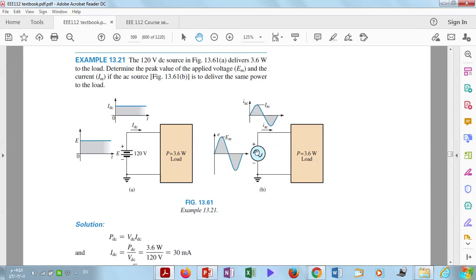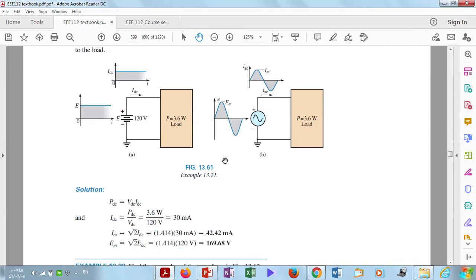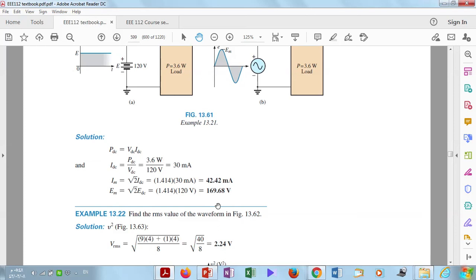And we need to find the voltage and current here. Now divide 3.6 by 120, you will get 30 milliampere. Now we have the RMS value for the current; if you multiply by root 2, you will get the peak, and 120 if you multiply by root 2, you will get the peak value for current and voltage.